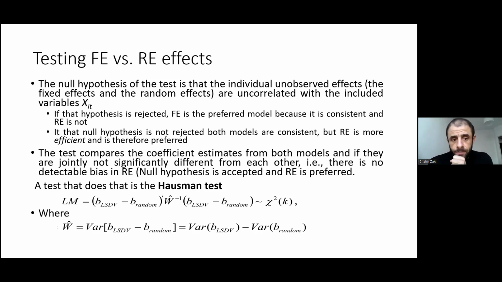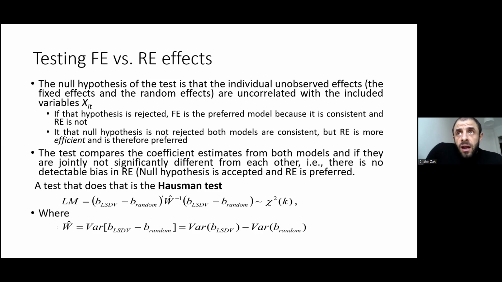So that's why in the null hypothesis of this test, I remind you that the null hypothesis is that the individual's unobservable effects are uncorrelated with the regressors, which is the assumption that we have in the random effects. Because I remind you that in the random effects, we assume that the regressors are uncorrelated with the unobservables.